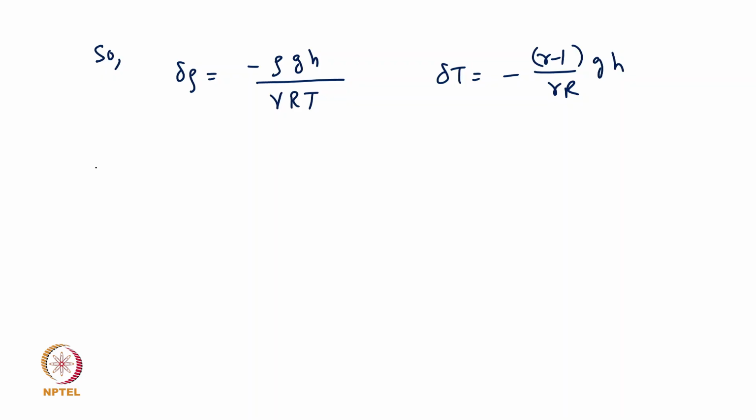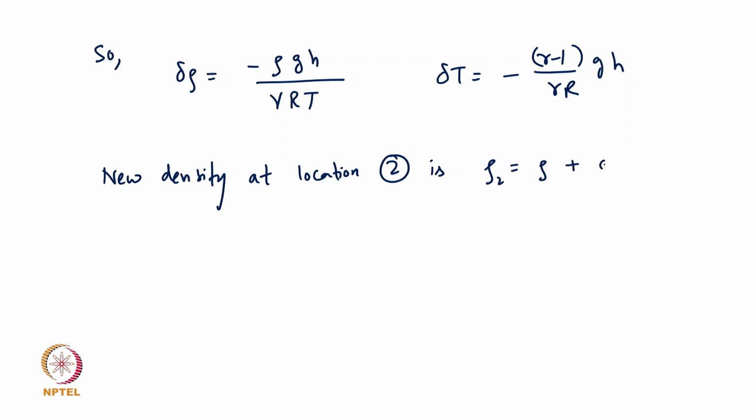So the new density at location 2 is rho 2 equal to rho plus delta rho. So this is rho minus rho g h by gamma R T. We have plugged in delta rho from here.